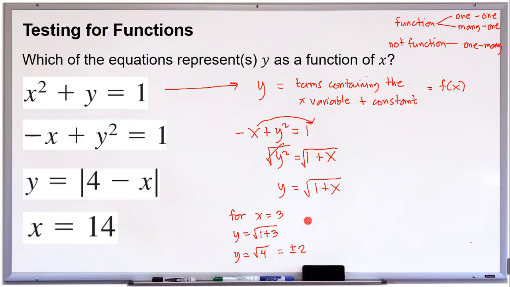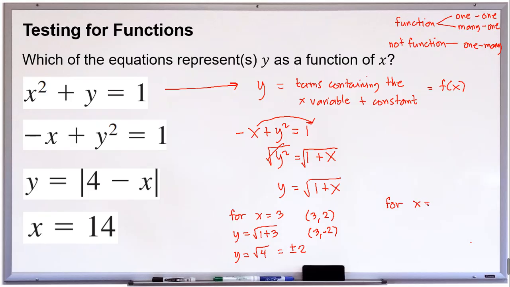Now if we represent this as ordered pairs, for x equals 3 we have 2 as our y value, and again for x equal 3, we also have a negative 2 value for our y.